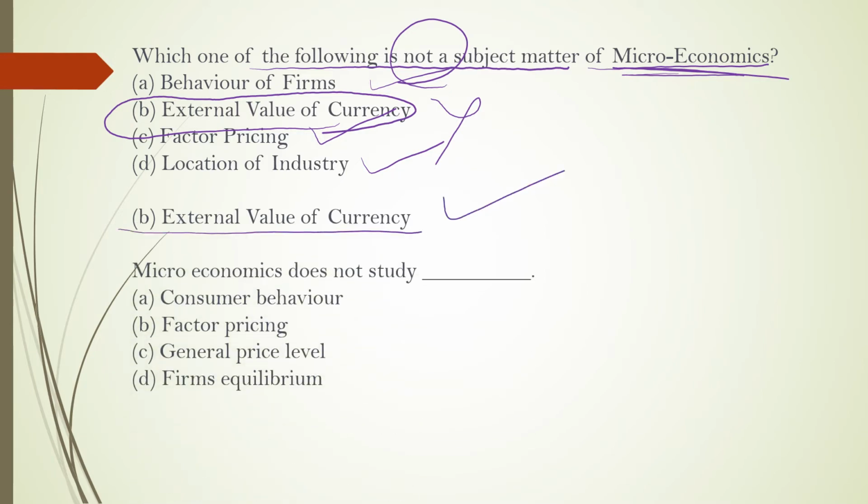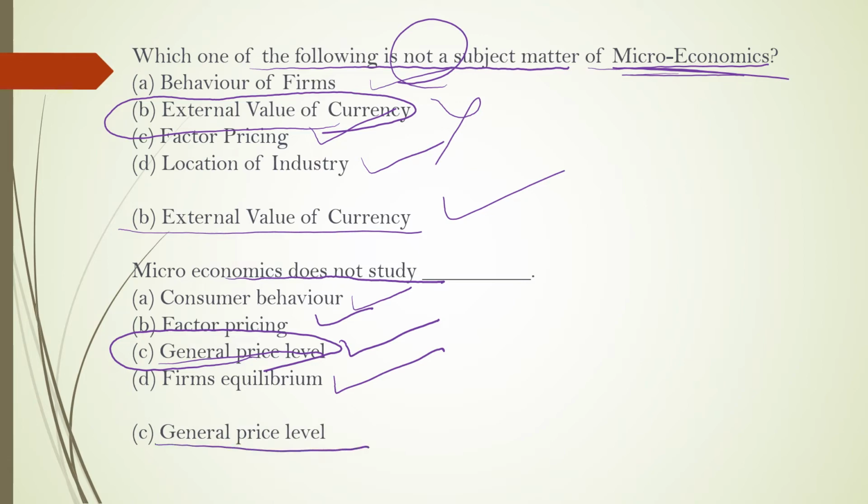The next one is, microeconomics does not study consumer behavior, no, it studies factor pricing, it deals with that also. General price level, as it is macro level, forms equilibrium. So the right answer is general price level, which is not studied under microeconomics.